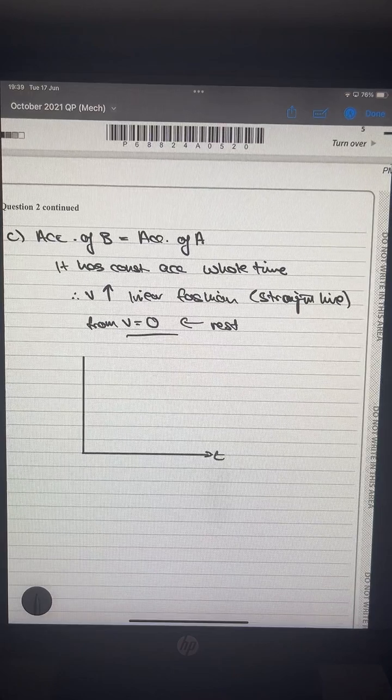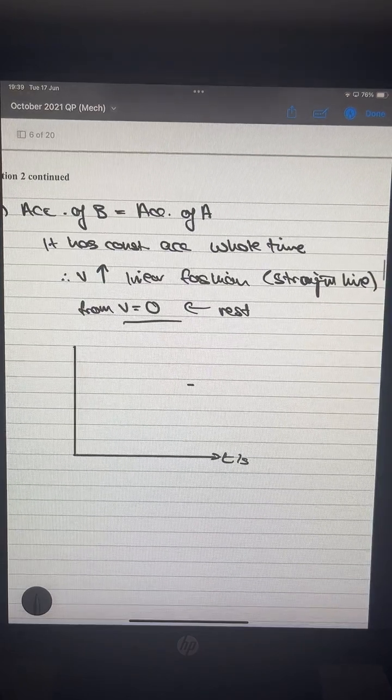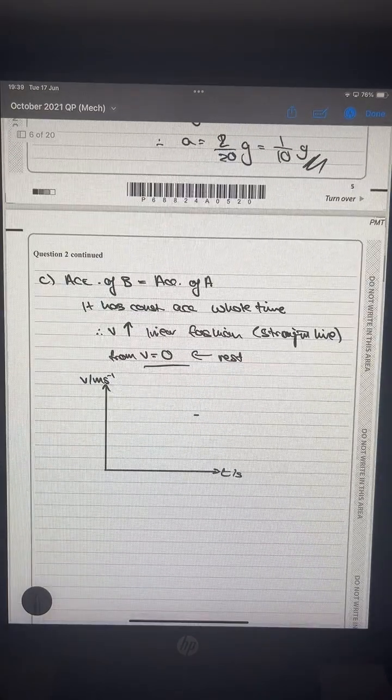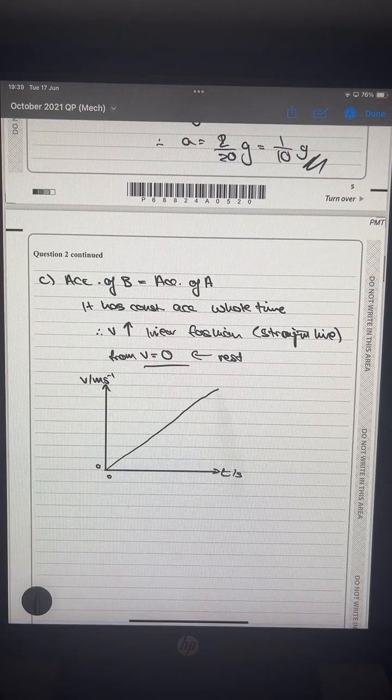There's the time in seconds, and there's my velocity in meters per second. I know that I'm starting at the origin, so that's going to be 0, 0. And I'm increasing. It is a constant acceleration, so that means that the velocity is increasing constantly. Why? Because the gradient of a velocity time graph is acceleration.